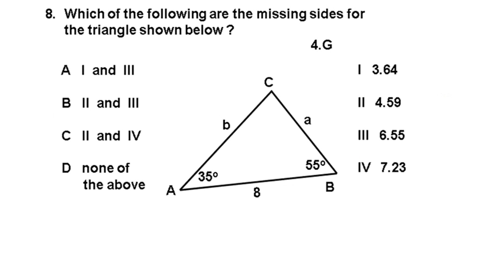Next, 8. Which of the following are the missing sides for the triangle shown below? You can't directly do this right now because you have to do a little preliminary work. And notably, we need to find what angle C is. For that, it's pretty easy.